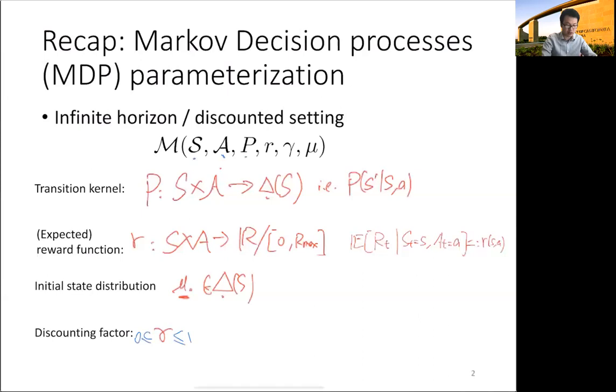At 0, this is a completely myopic planning. You are doing basically a greedy strategy to optimize your immediate reward. When you are at 1, then the cumulative reward might not even be well defined.